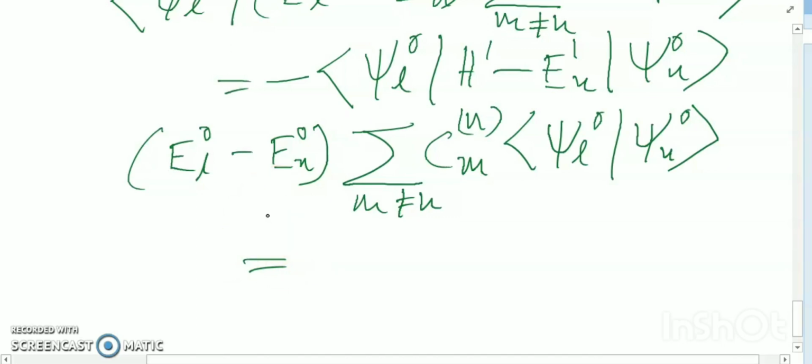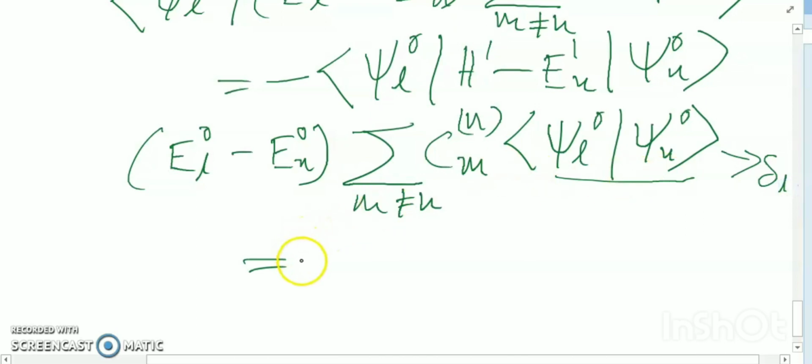Now the coefficients are also numbers, so we can just pull them out, and we get the bracket between psi l0 and psi m0. This portion can be written as delta lm.